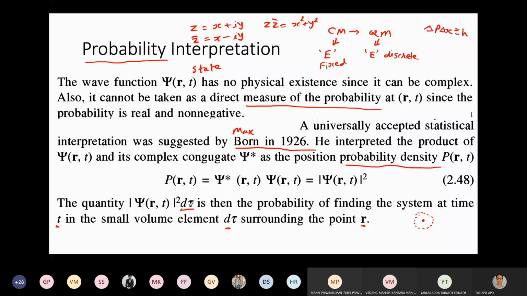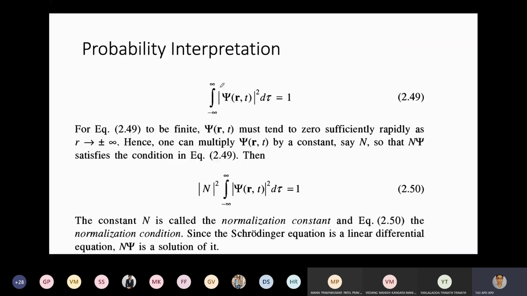Now let us go further in detail. If you integrate the whole probability from minus infinity to infinity, then it should be equal to 1. It makes sense because when you are trying to find the particle in the given region, it can be somewhere here, somewhere here, somewhere here. But if you take the integral over the whole range from minus infinity to plus infinity, then that integral should be equal to 1.